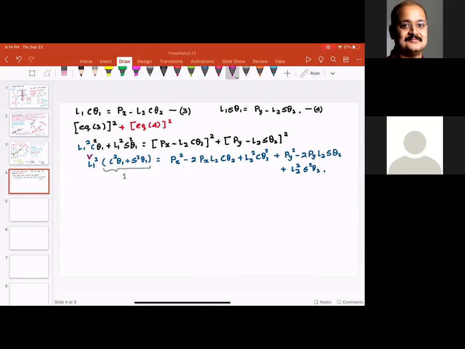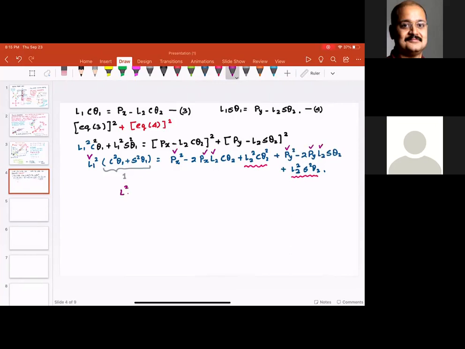L1 square is known, px square is known, px is known, L2 is known. Now I want you to observe, we have L2 square cosine square theta, L2 square sine square theta. So these can be combined. So this guy is known, this guy is known, this guy is known.